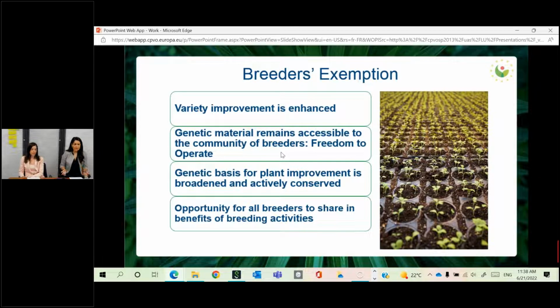Why is that? Because unlike inventions or mechanical inventions that can be created from nothing, plants cannot be created from nothing. We always need material to start from. And the breeder's exemption allows the new breeders, the future innovators, to have access to the best material and genetic diversity.